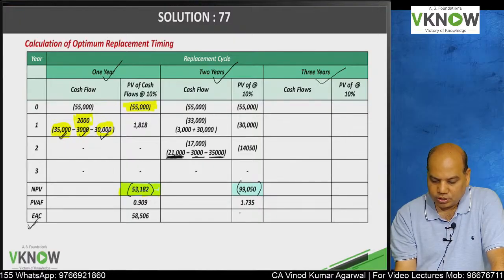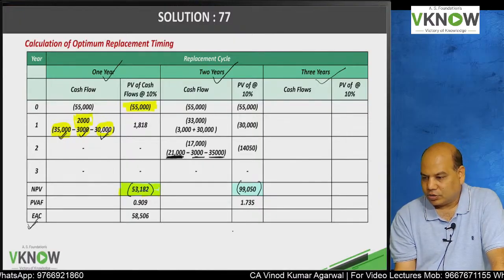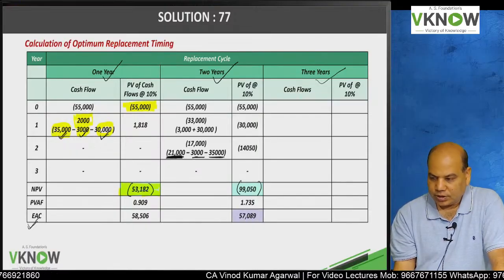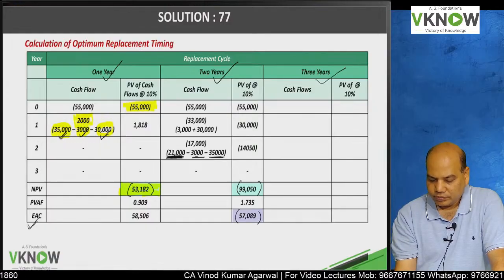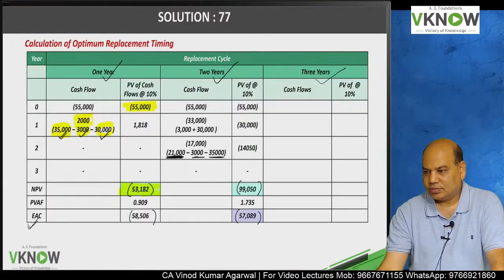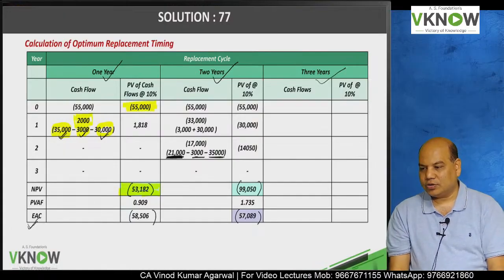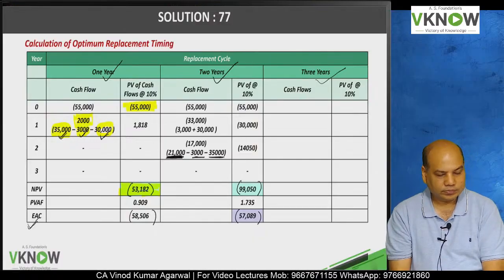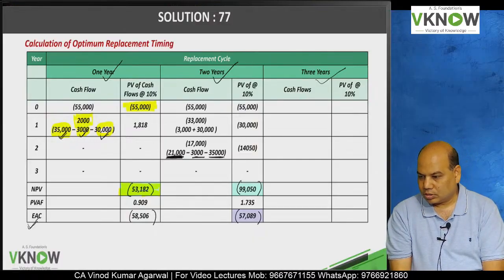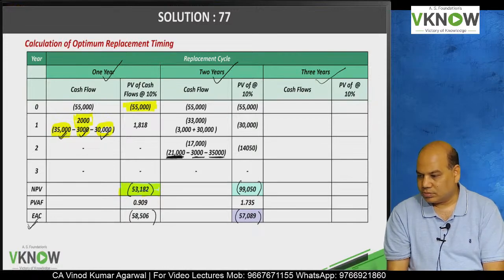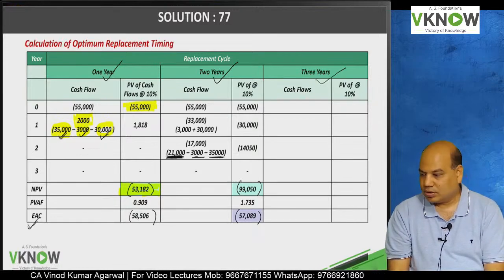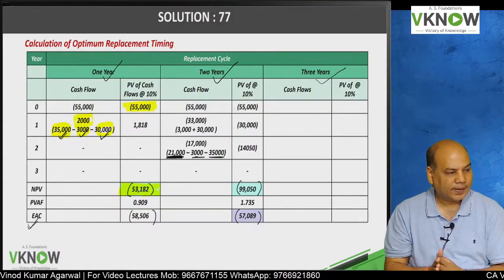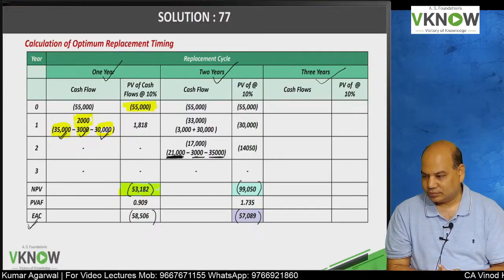Annuity factor for 2 years is 1.735. EAC is 99,050 divided by 1.735. How much is that? 57,089. Please confirm, is it approximately 57,089? Everybody please check.